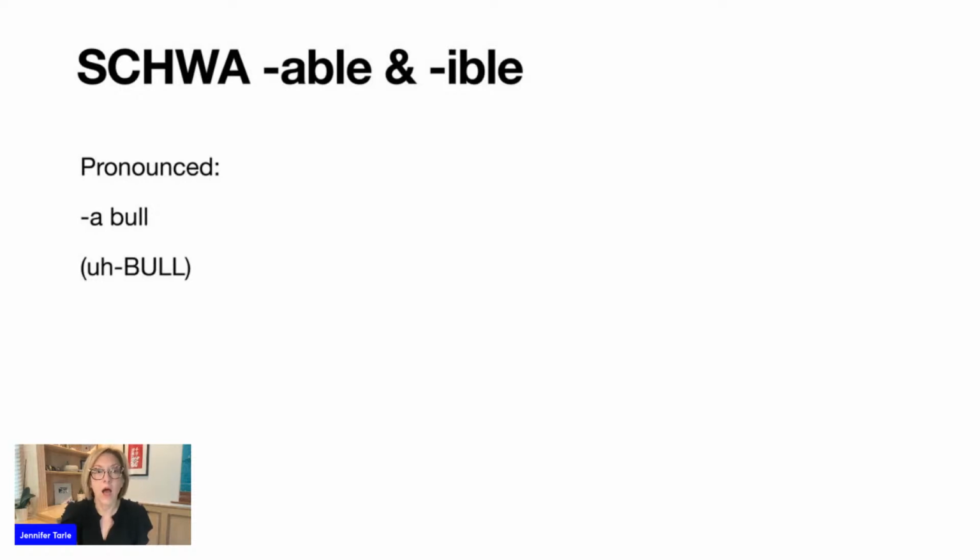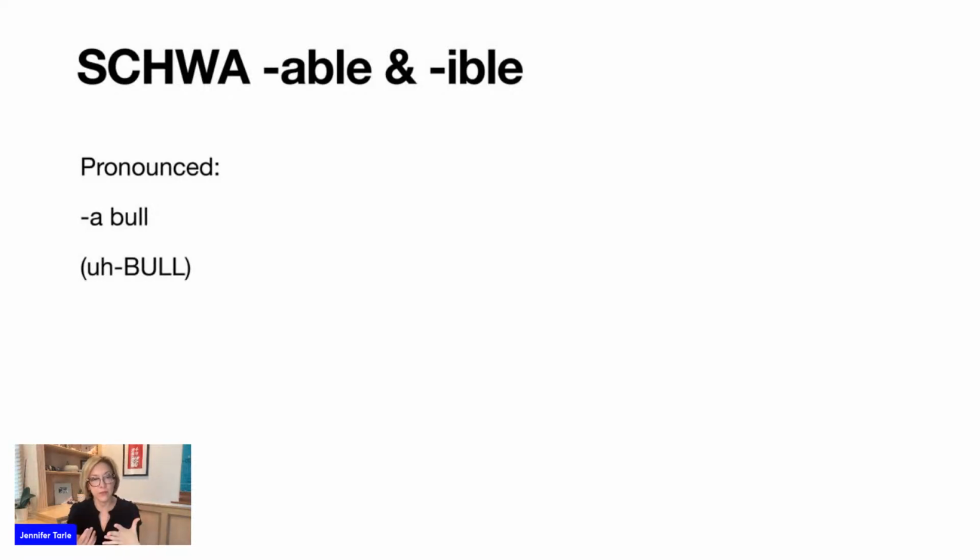They are pronounced able. We are going to have that schwa sound in here, and the stressed syllable bull. A bull, a bull, a bull. I don't pronounce it differently. If it's spelled ABLE or IBLE, they're both pronounced exactly the same, a bull.